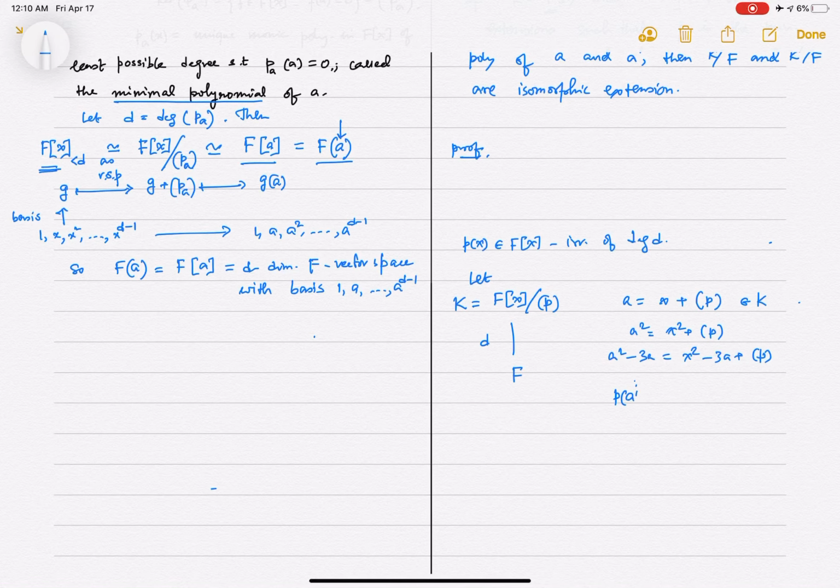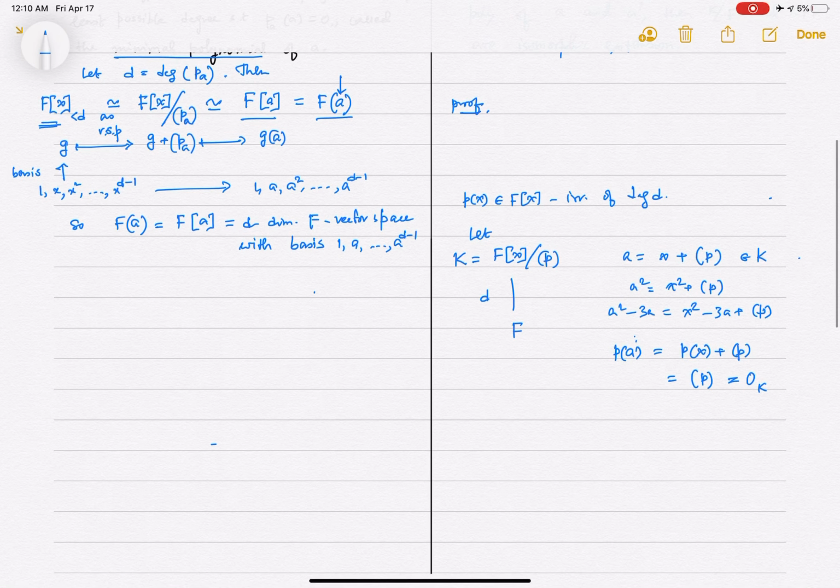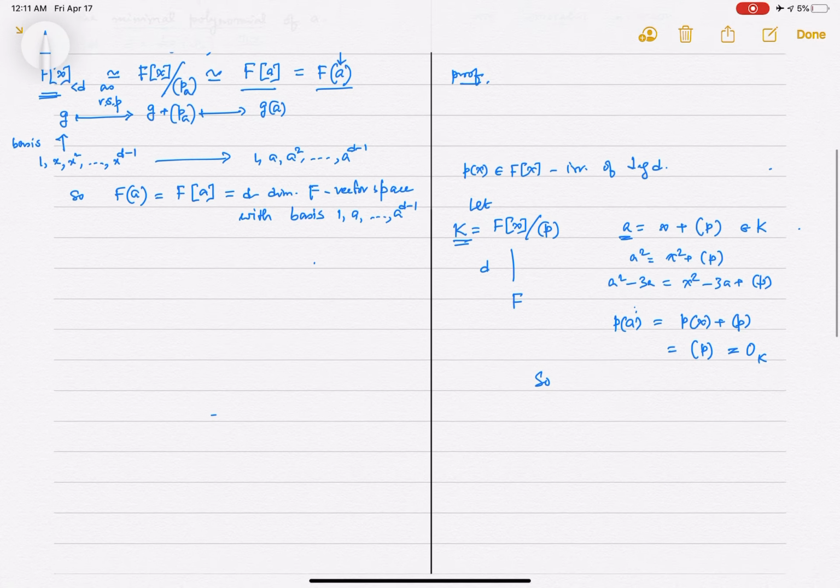So p(a) is the coset of p(x), but that's just the ideal itself, which is the zero of the field. So we have found an extension and an element in that extension such that this element satisfies the polynomial p.